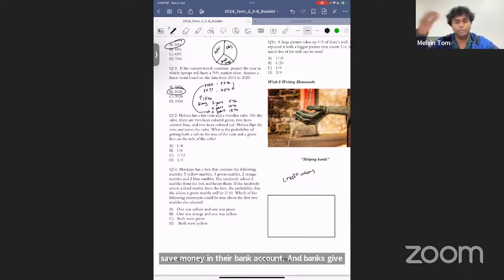So what that means is that you put money in the bank and the bank pays you money because you let them borrow your money to use for things. So for example, if your mom and dad bought a house, they might have borrowed money from the bank. So the bank doesn't magically make that money. They use your savings to buy houses and lend things and stuff like that, right?